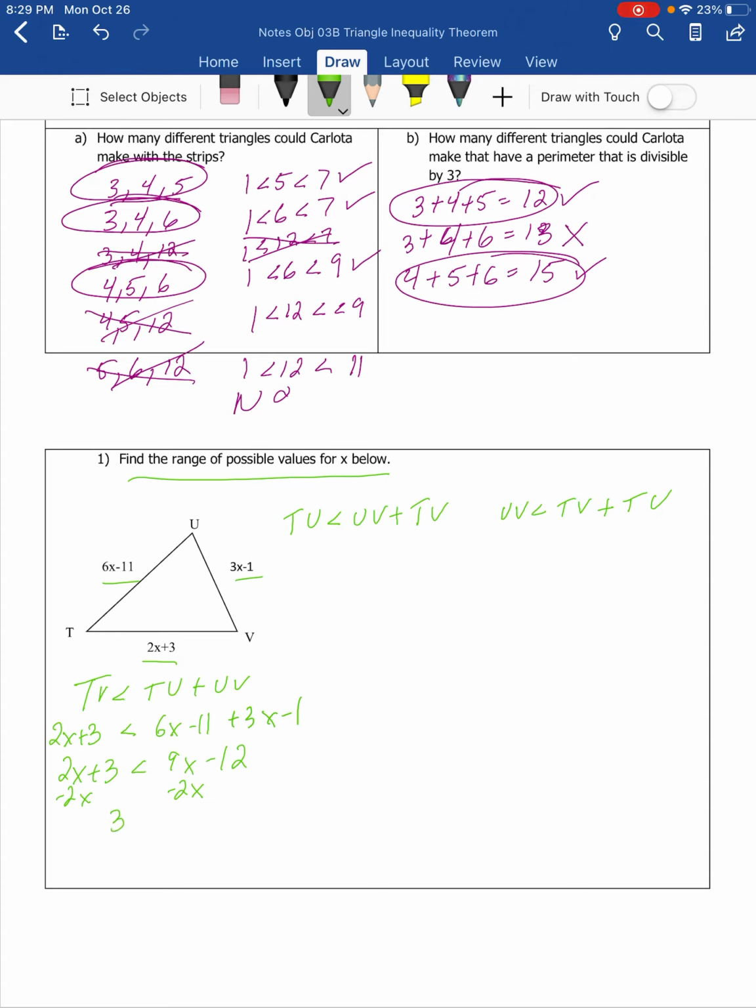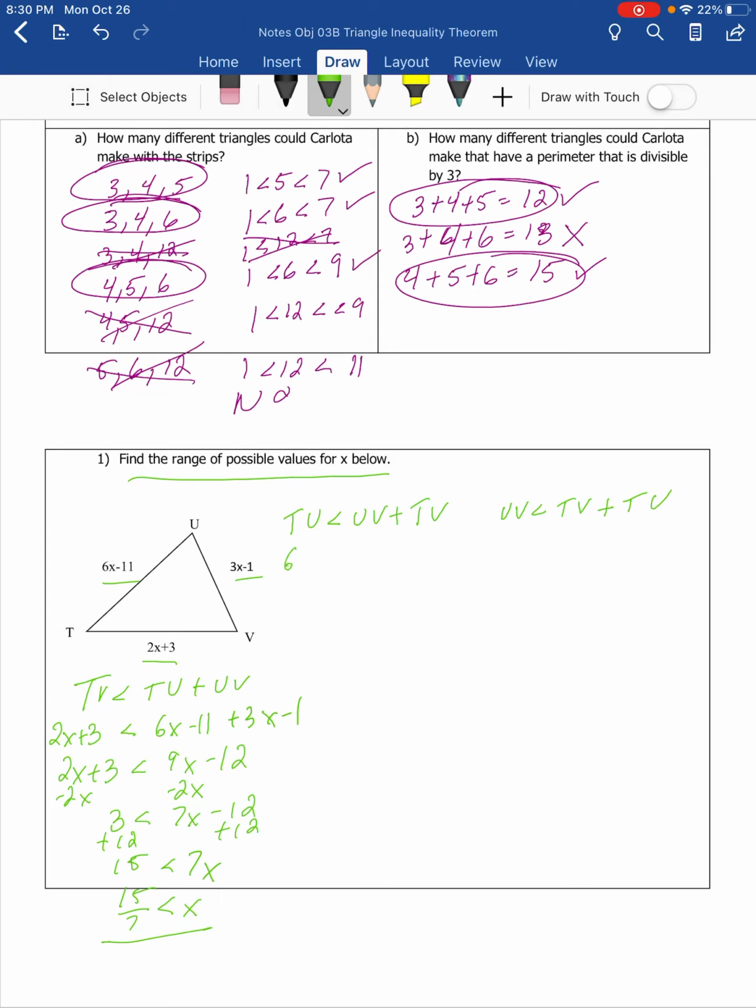Subtract 2x, 3 is less than 7x minus 12, add 12, add 12, 15 is less than 7x, x has to be greater than 15/7, which is like 2 point something. Okay, so that's my first thing.